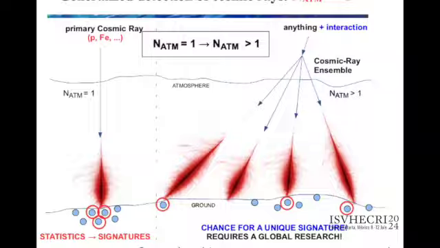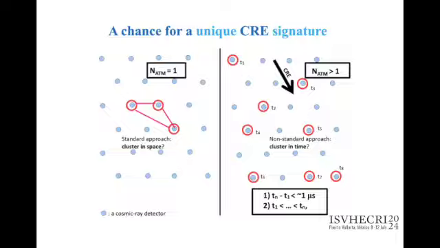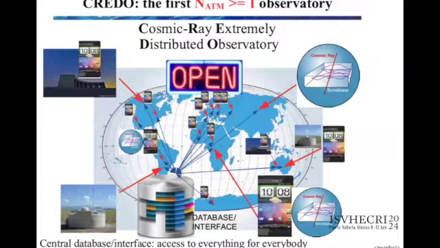Then there's a possibility for a unique signature, which might result in correlated events, either in time or in space or both, and that could give us an opportunity to look for clusters in space and time, or vice versa, or in both. And the easiest approach is to try to use what is available.